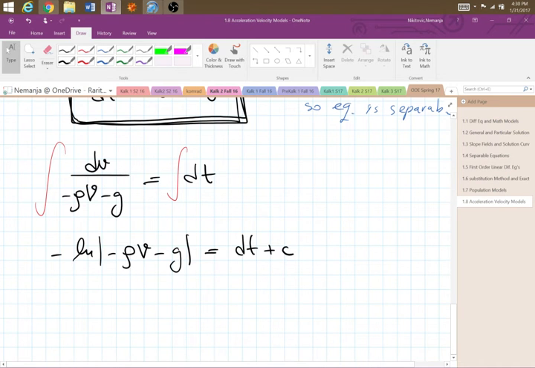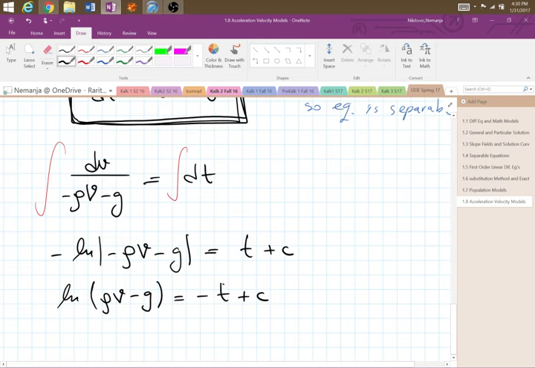Distribute through the negative sign, so we get ln of absolute value, which is just going to make all of this positive. So rho v minus g is equal to negative t plus c. Much better. Now again, I'm not changing sign of c because it really doesn't matter.